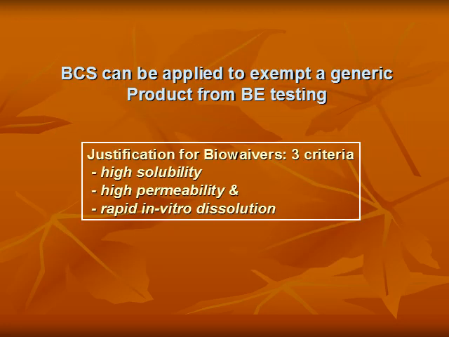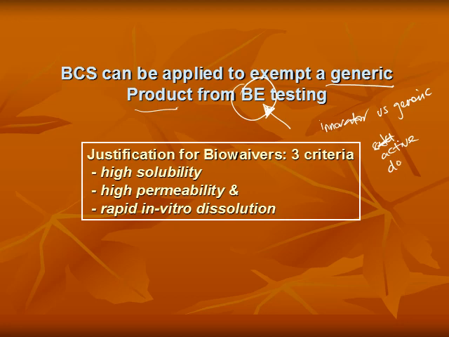So BCS can be applied to examine a generic product from a bioequivalence study. How? If you look back, why do we need to conduct a bioequivalence study? Simply because when there is an innovator and you are the generic, you have the same active ingredient, same dosage and dosage form, so what is the difference?